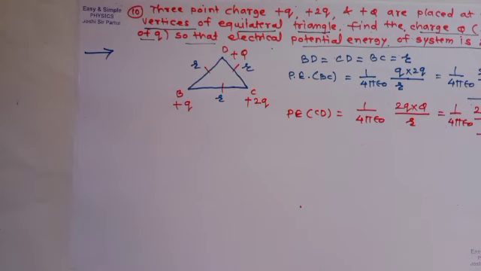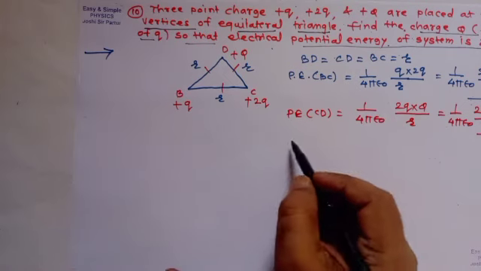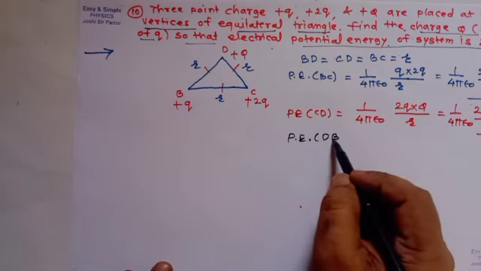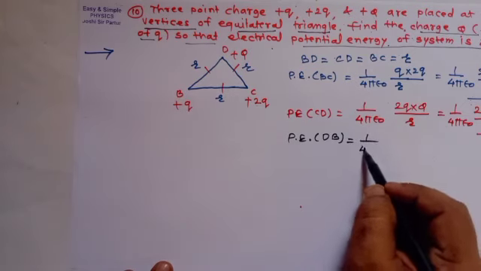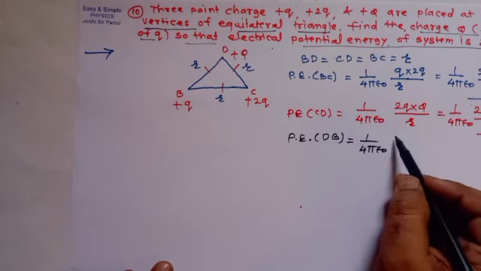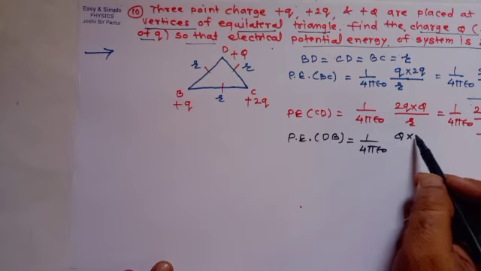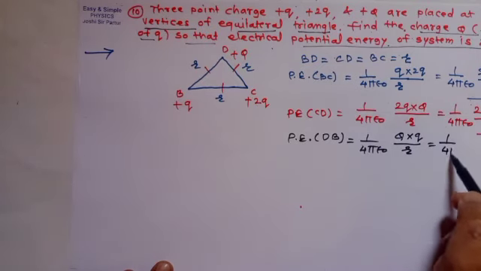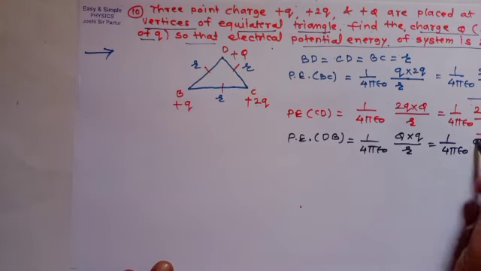And the third is potential energy for DB, which will be 1/4 pi epsilon 0 times capital Q multiplied by small q upon R, equation number 3.